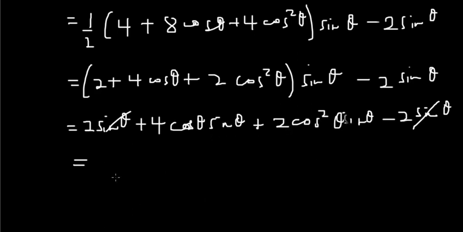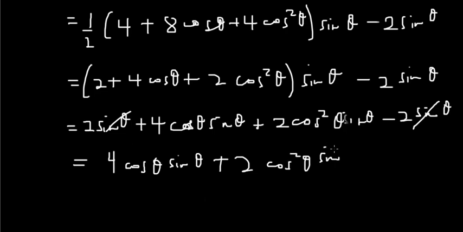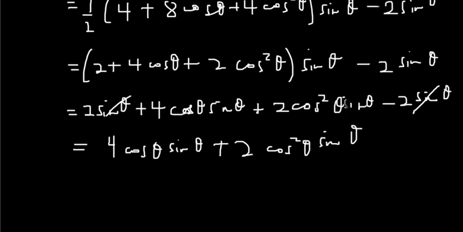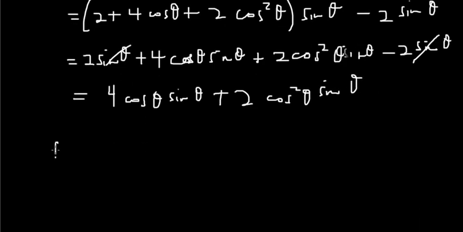So you'll be left with 4 cos theta sine theta plus 2 cos squared theta sine theta. So this will be our next integral to evaluate.